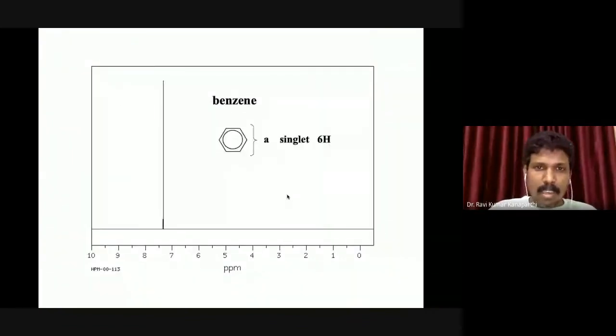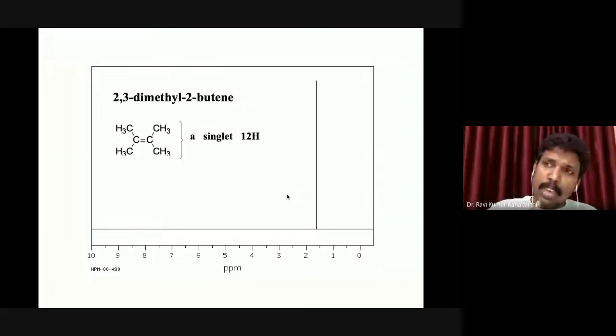Likewise, if you have a tertiary butyl group, there are 9 protons, 3 into 3. In that situation, the 9 protons will resonate at one particular place. So for 12 protons, these are the 2 different possibilities.